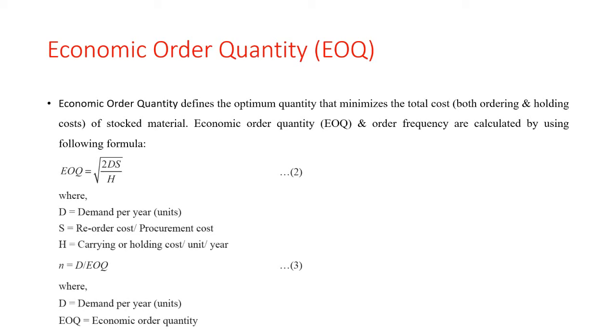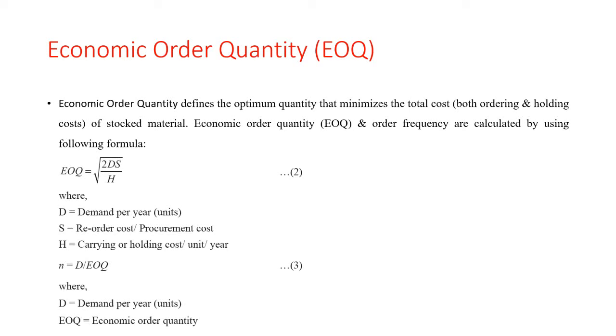As these two costs are opposite, an innovative model is required to make a balance between them. To minimize the total inventory cost, the economic order quantity model helps managers. The economic order quantity defines the optimum quantity that minimizes the total cost of both ordering and holding cost of stocked materials.